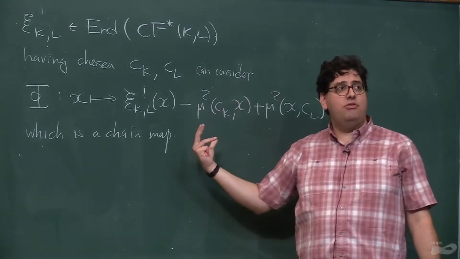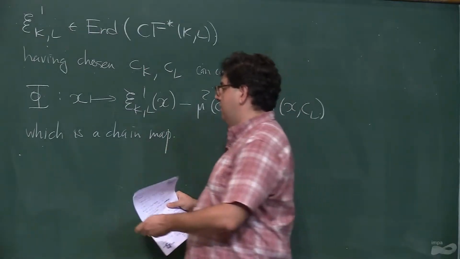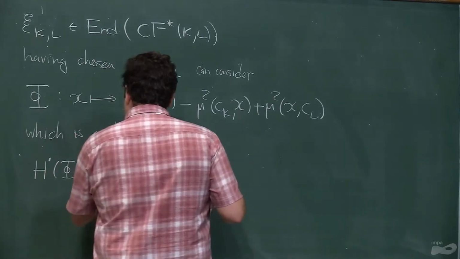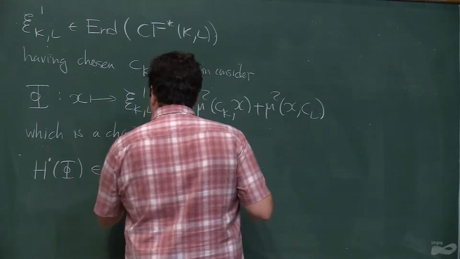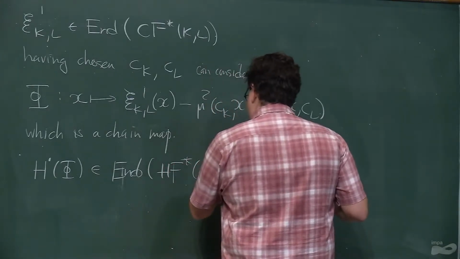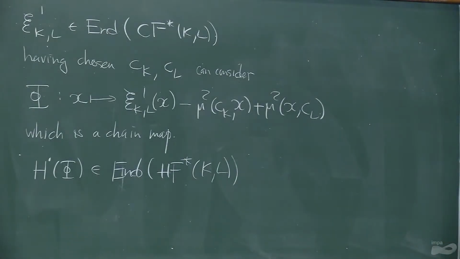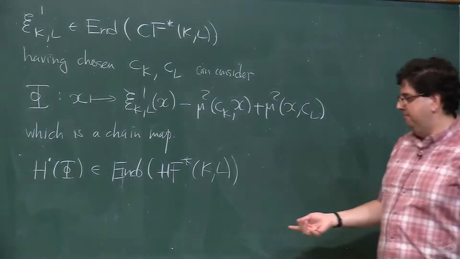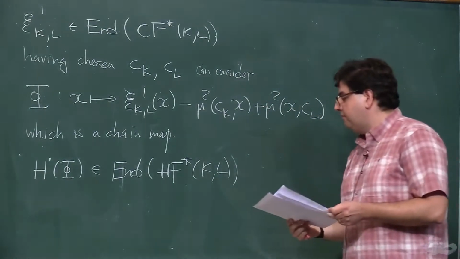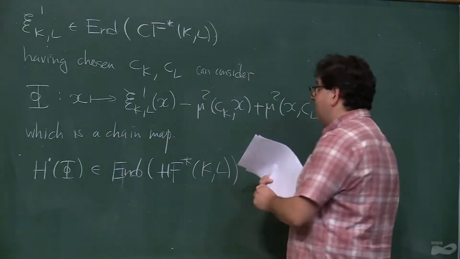So that's an interesting endomorphism of the cohomology of this thing. That's a more meaningful thing to calculate because it lives on the cohomology level. But of course, this map clearly depends on these choices.